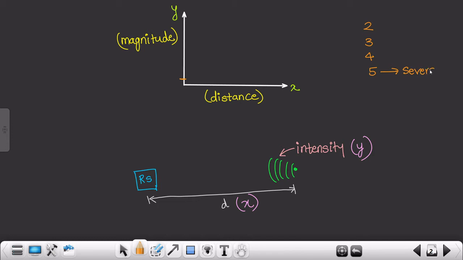From 5, 6, 7, 8, 9, these magnitudes are considered severe.